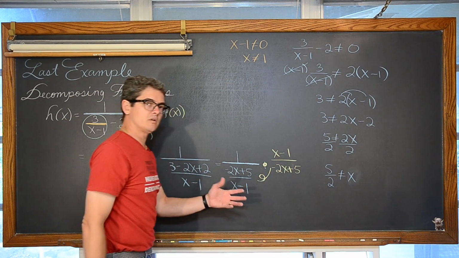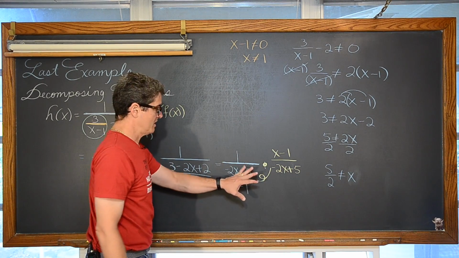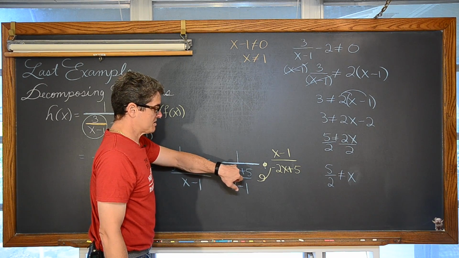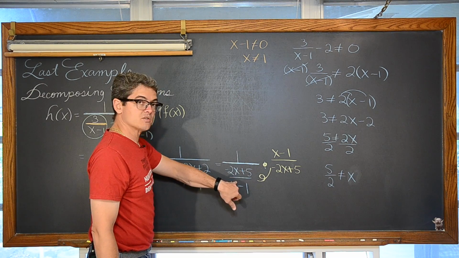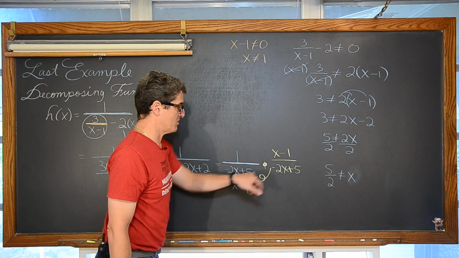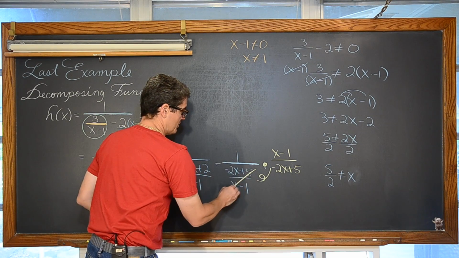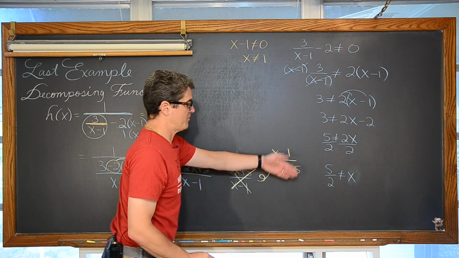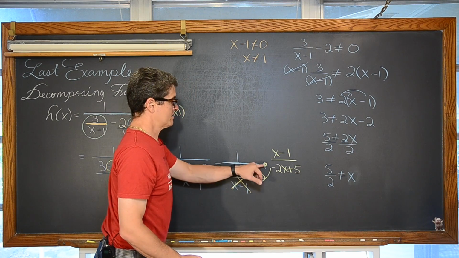Hopefully I'm not skipping too many steps here, but again, I'm changing this division, 1 divided by this fraction, to 1 times the reciprocal of that second fraction. So I'm not really canceling out this denominator. I'm flipping it up and changing the division to multiplication.